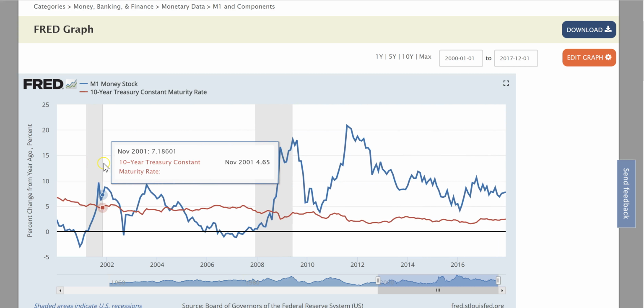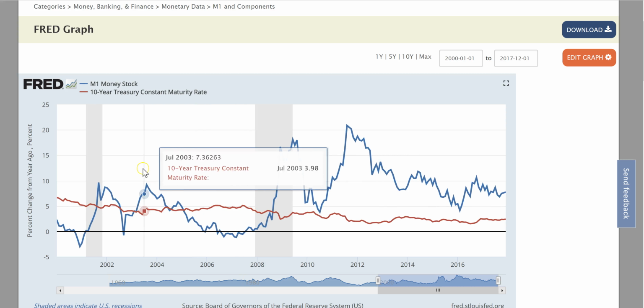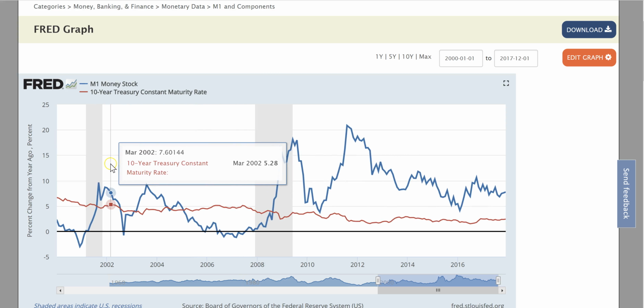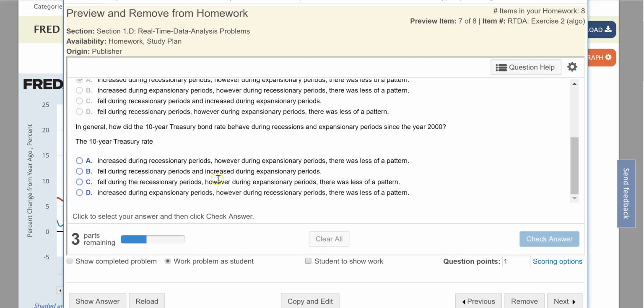Actually, we don't have a clear pattern for the interest rate during the expansionary period. It went up and down depending on the time periods. So B is incorrect. What about C? However, during the expansionary periods, there was less of a pattern. So C, in this case, is correct. Let's check answer. We're done.